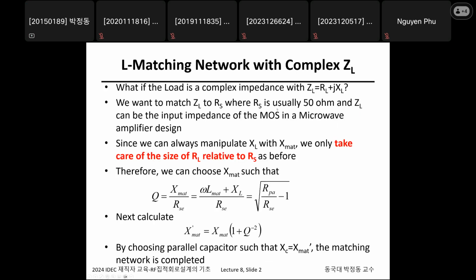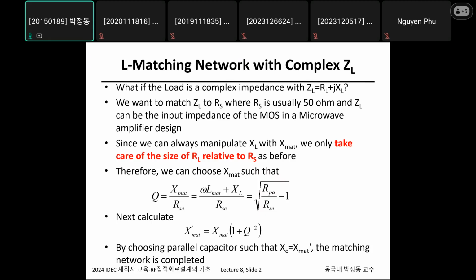Basically, you guys understand that for the matching, which one is important, resistance or reactance? Achieving matching is just to make a source impedance equal to the conjugate of the input impedance, right?